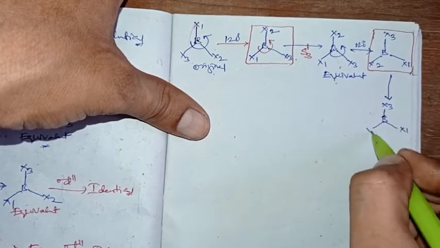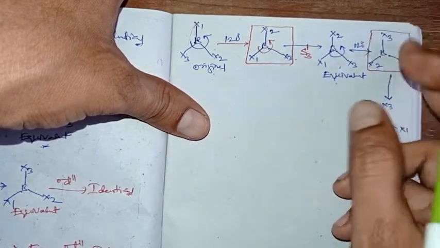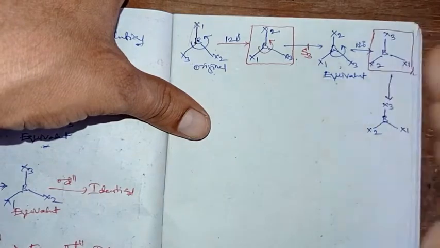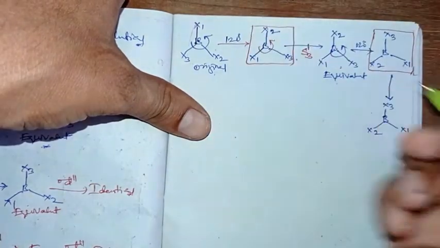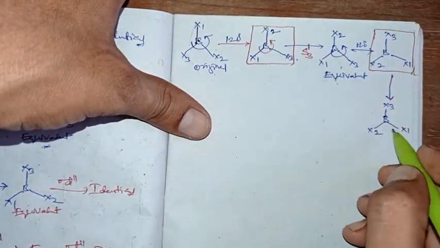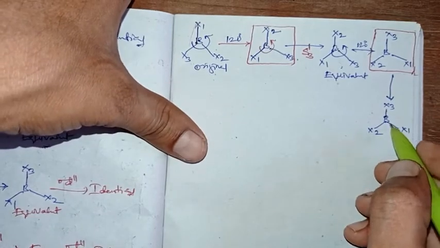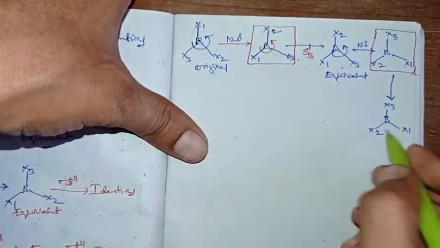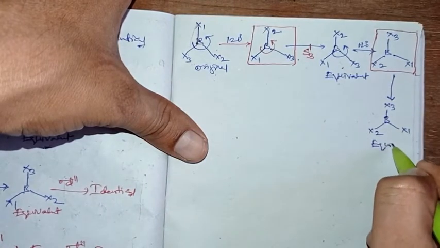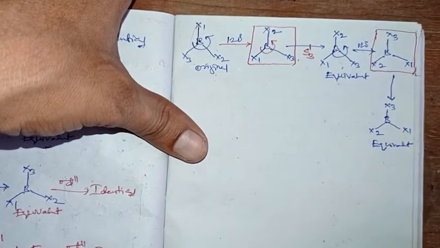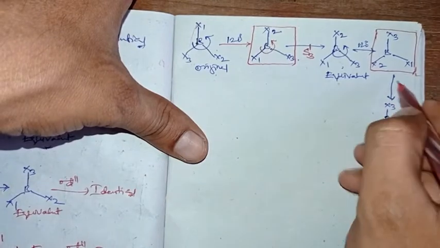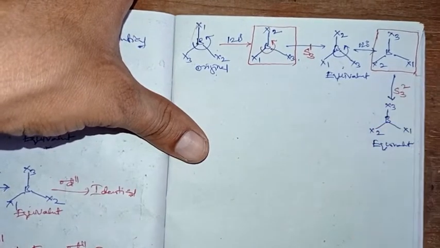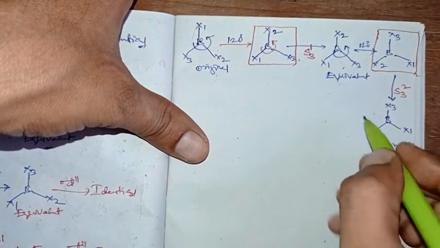There is no change, because the plane we are applying passes through all the atoms and will never change the atom positions. After rotation reflection, when we compare with the original, it is also an equivalent configuration, so it is called S3 2.